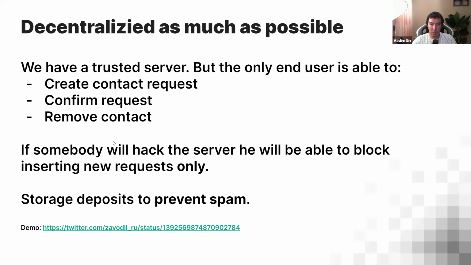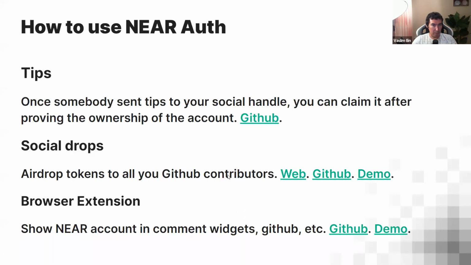And if somebody hacks the server, the only ability he will get is to stop new requests. It will block inserting new requests, nothing else. So it's like a blockchain application, just with one additional step to prove ownership of the account with these private keys. And we have this storage model to prevent spam, because okay, it's necessary.